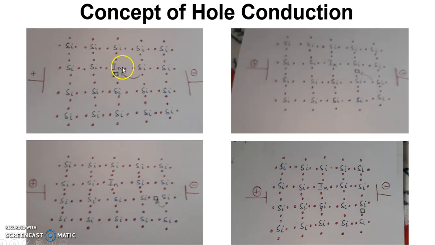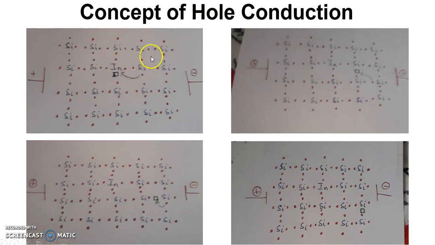Because only 3 electrons are there, it is able to form 3 bonds with 3 neighboring silicons. The 4th silicon has an unsatisfied bond. That means there is only 1 electron in this bond, even though 2 are required for making the bond. This absence of electron, we call it a hole. A hole is nothing but an absence of a required electron.